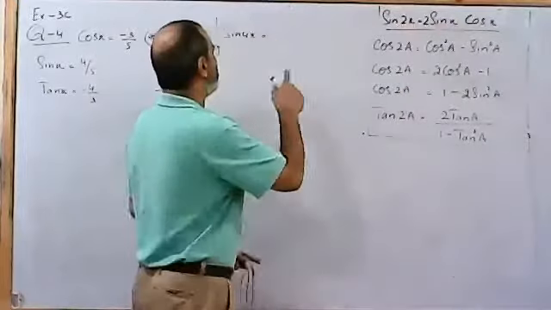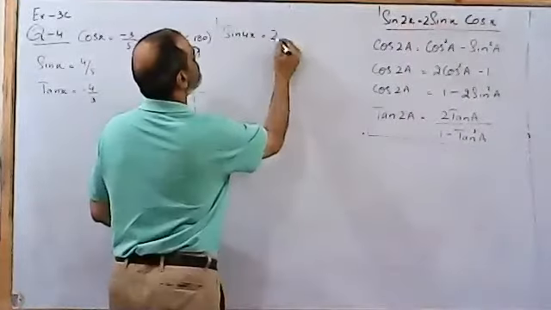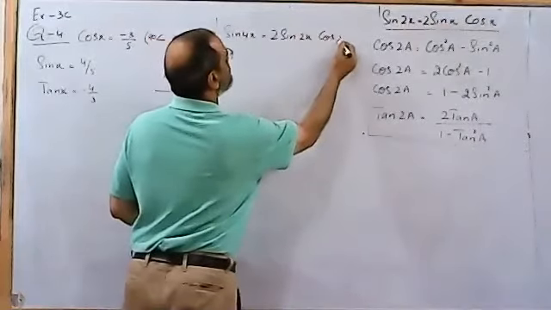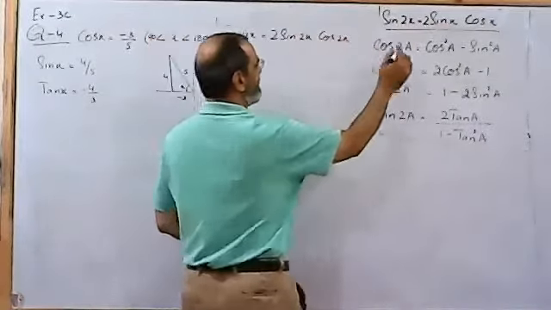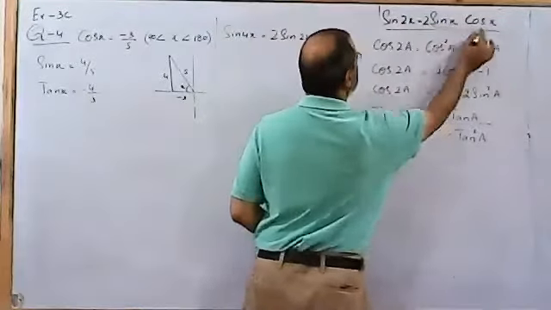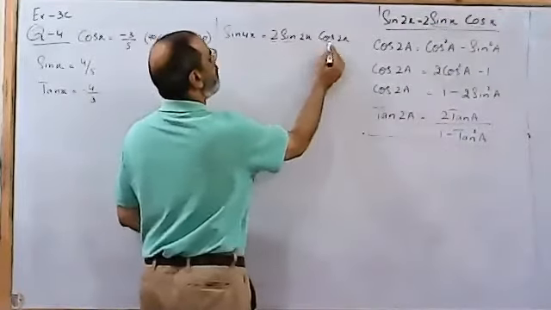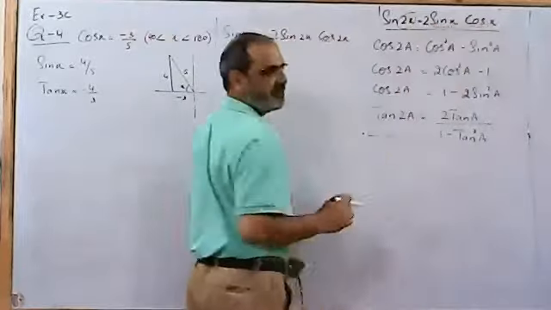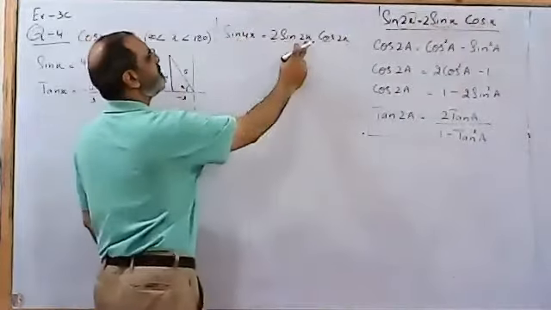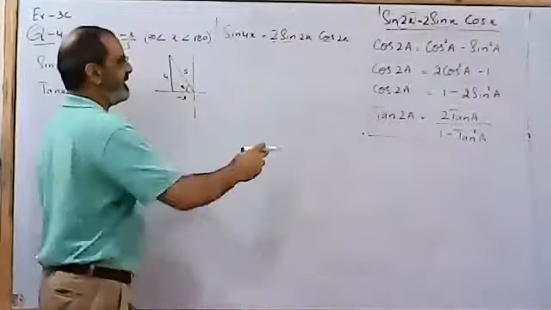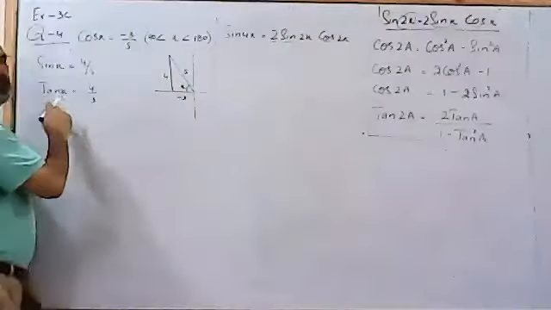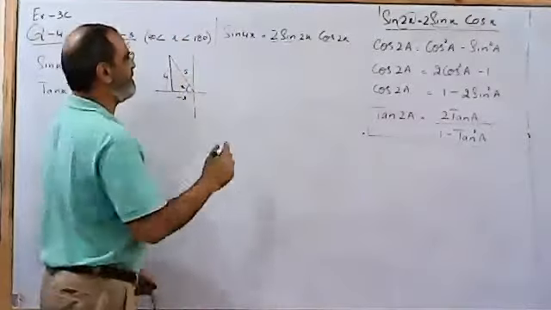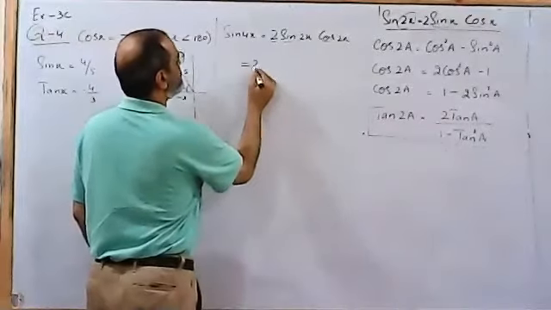When I apply that identity over here, it becomes 2 sine 2x cos 2x. I'm using the same identity, 2 sine cos, but the angle is half used here. So 4x becomes 2x, 2x. Still, these values are not with me, so I have to change 2x into x.